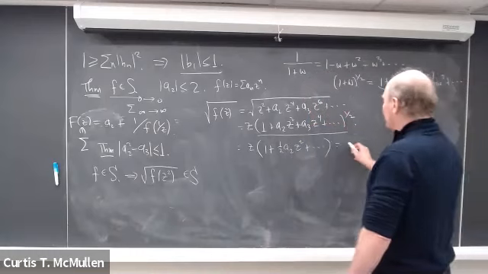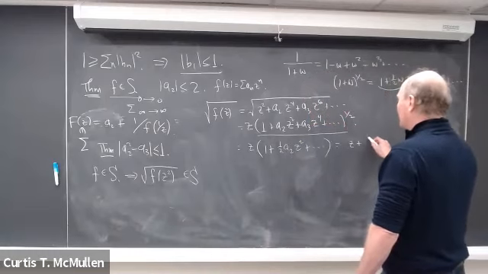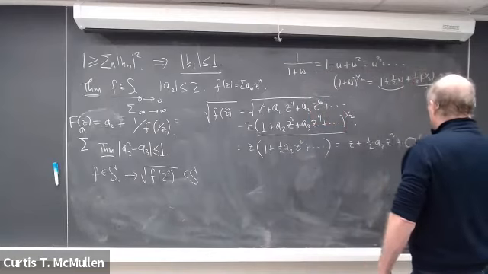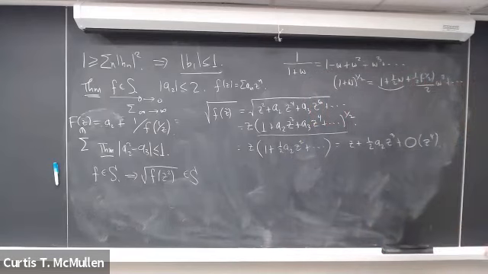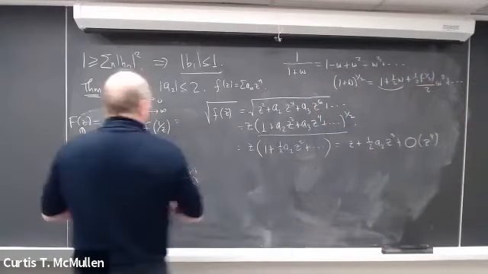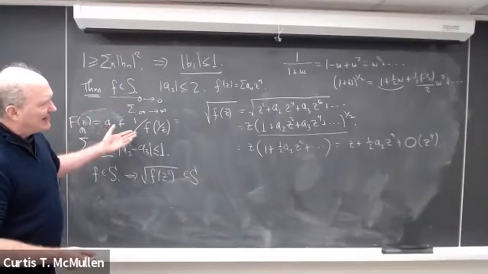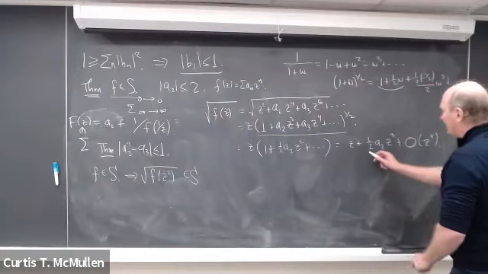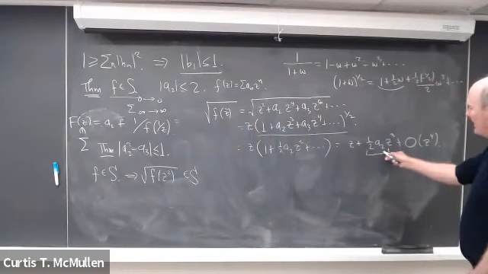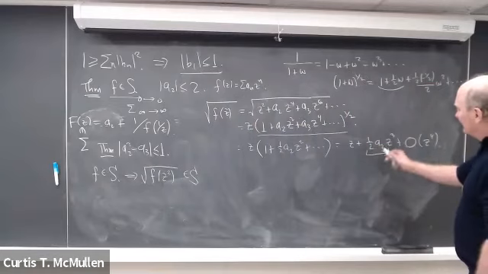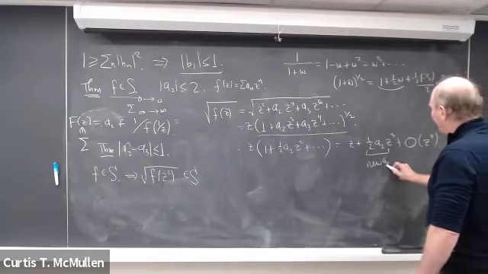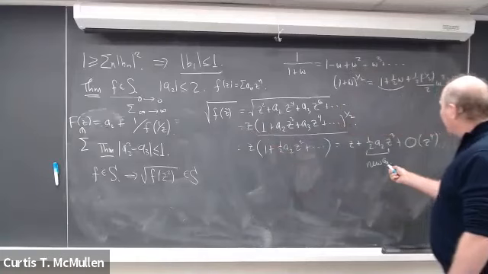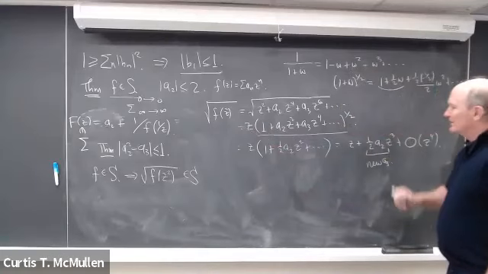And multiplying through, this is z plus 1/2 a2 z cubed plus terms of size z to the 4th. So we did this beautiful thing. We started with a function in S and we got a new function in S where a2 is now 0. There's no coefficient for z squared, and the new a3 is 1/2 of the old a2. So this is the new a3. For any f in S, we can make a new f whose a3 value is 1/2 of the old a2.